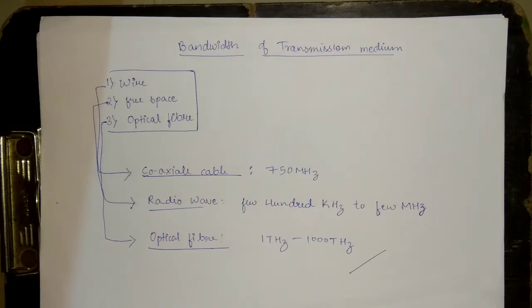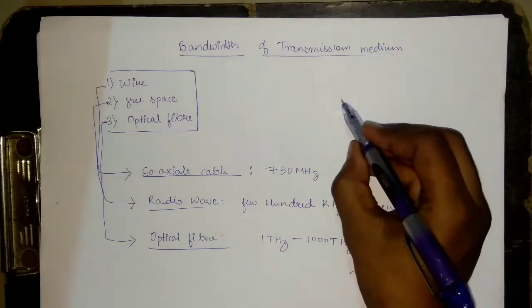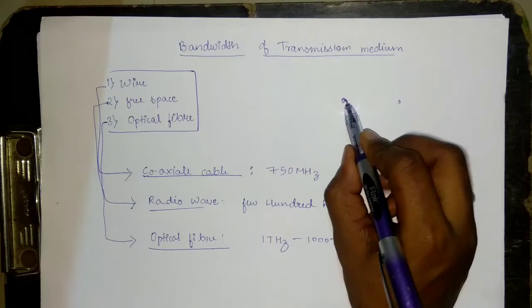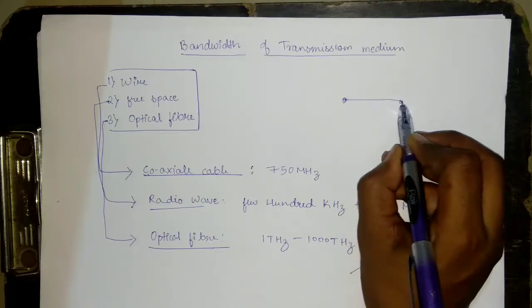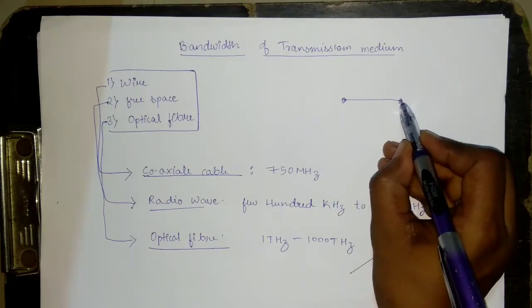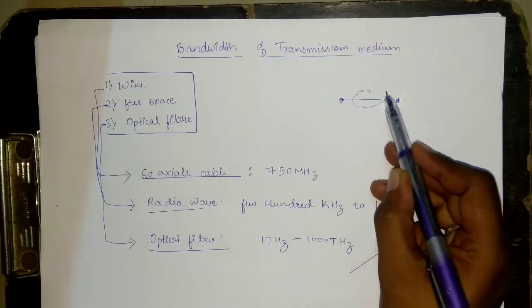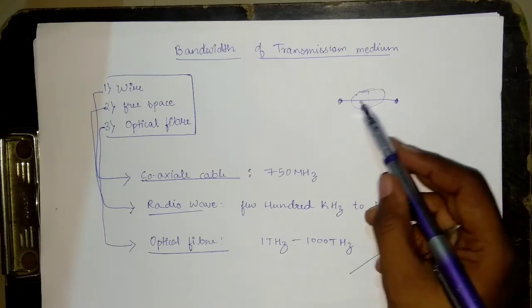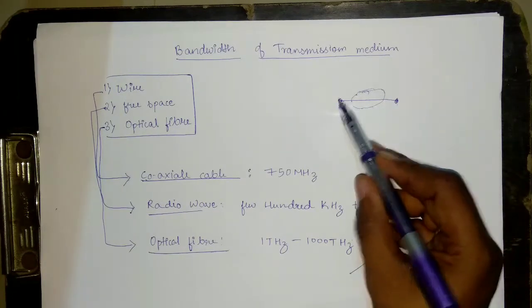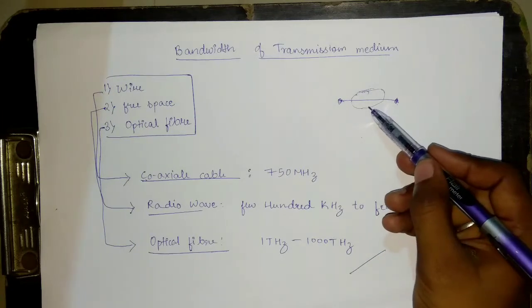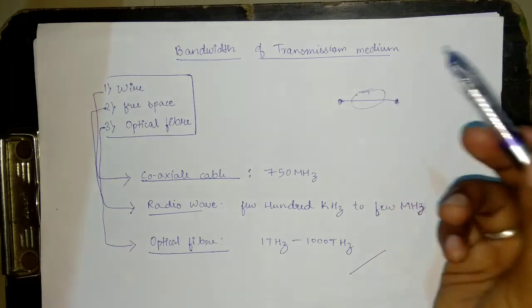You know that signals transmit from one point to another. These signals need some medium to transmit from one place to another, and this medium also has some frequency range within which the signal can transmit. So in this topic we will see only the frequency range of the transmission medium.